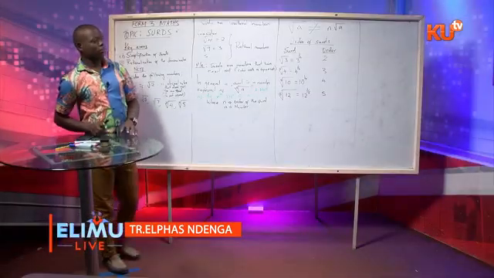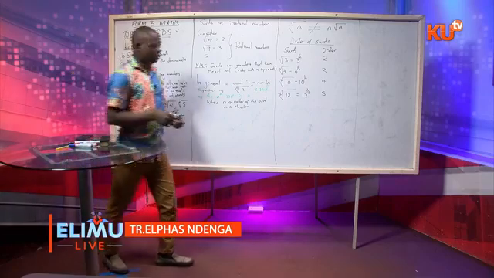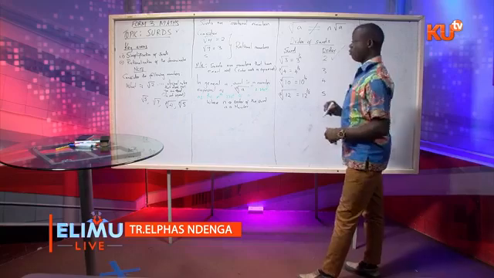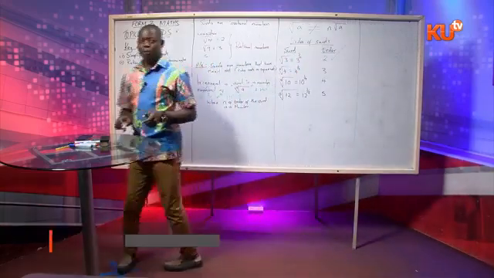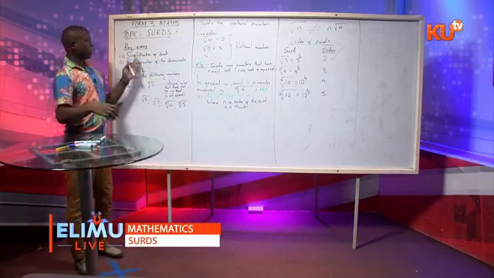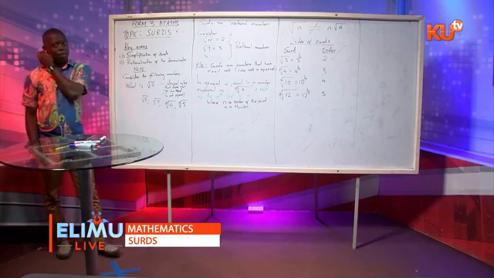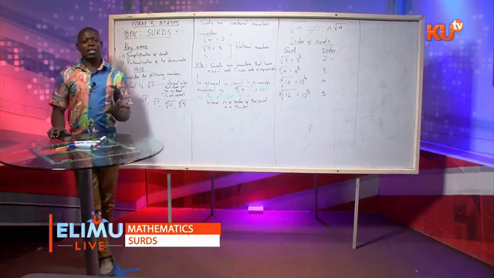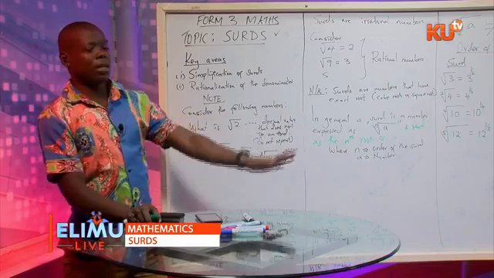But in most cases, what we shall be dealing with in surds in this topic, we concentrate mostly on the surds that are of order 2. So when looking at Form 3 surds, we will look at surds that are of order 2 to analyze these 2 areas that we've listed as our main areas of concern. So with that, students, it is simple to look at exactly where the examiner will bring questions from, because this only gives us the foundation.